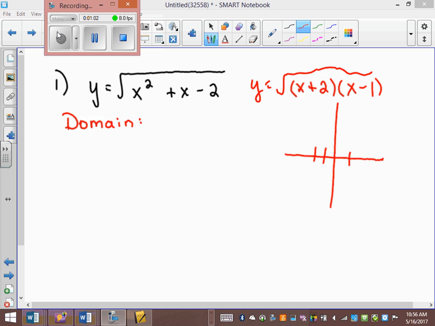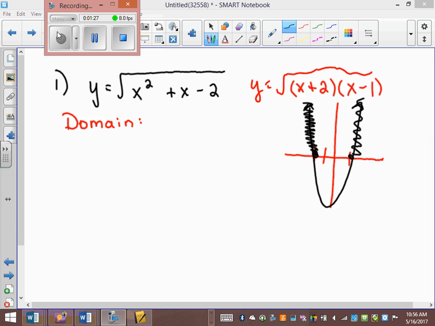Is this a concave up parabola or down? Does it have to be perfectly sketched in order to figure this out? No. It's concave up. So you're going to have an x-intercept here and here, and it's going to look something like that. So we care about this part and this part that's above.